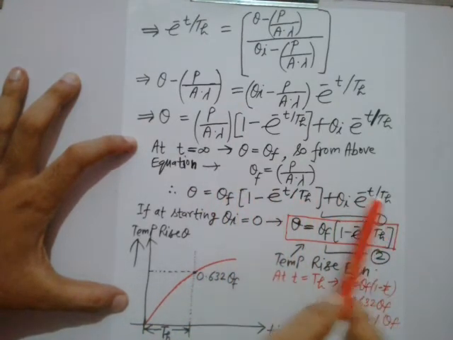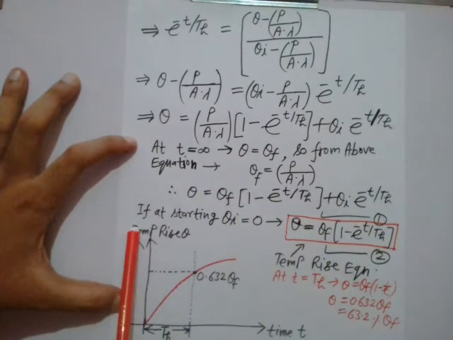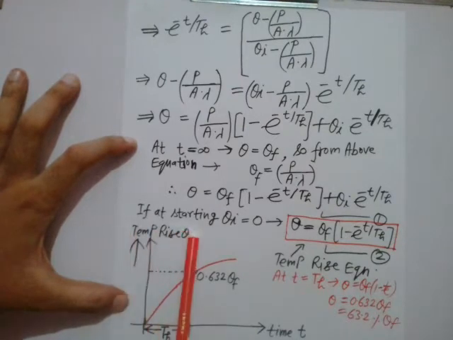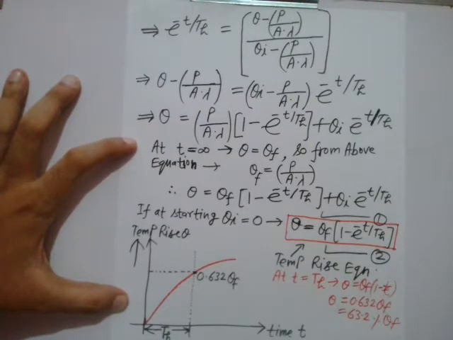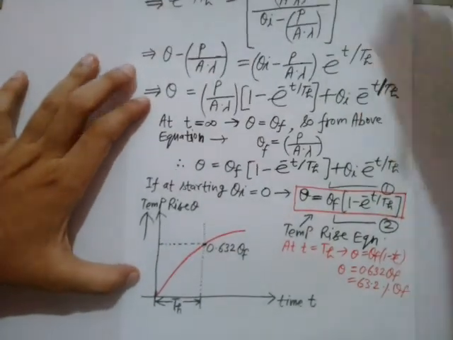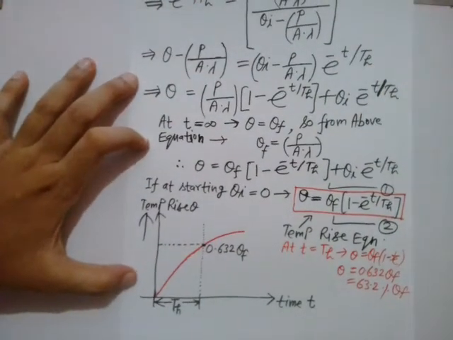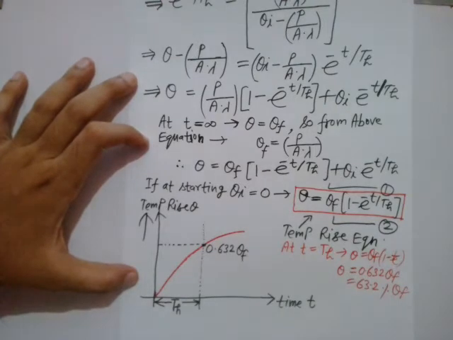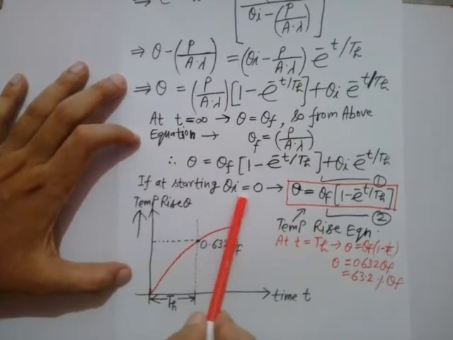Write the remaining equation. Suppose at starting, the initial rise in temperature is 0. Suppose the machine is just started. At that time, what is the value of temperature rise? It is 0.